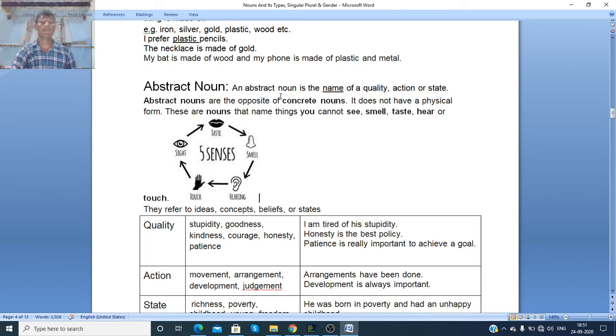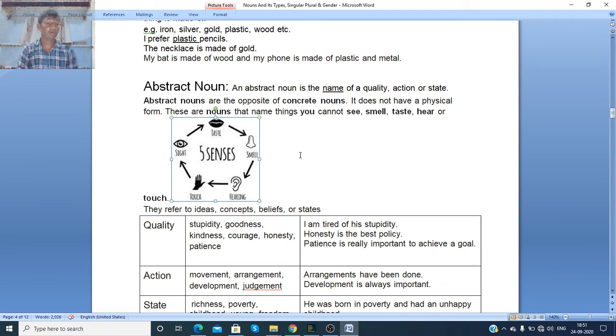We have our five organs, and we can neither see them with our eyes, nor smell them with our nose, nor taste them with our tongue, nor hear them with our ears, and we can't even touch them with our hands and skin.